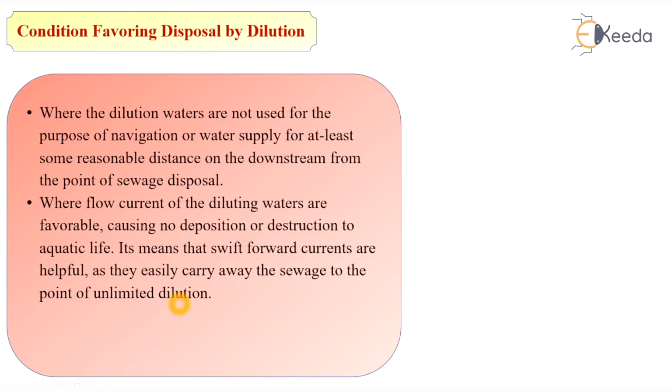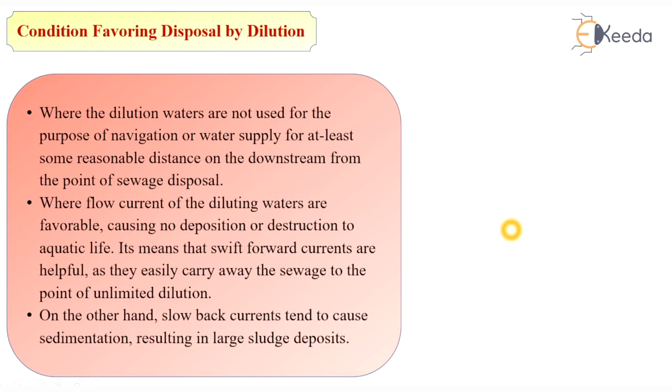Where flow currents of the diluting water are favorable, causing no deposition or destruction to aquatic life. It means that swift forward currents are helpful as they easily carry away the sewage to the point of unlimited dilution. On the other hand, slow back currents tend to cause sedimentation resulting in large sludge deposition.